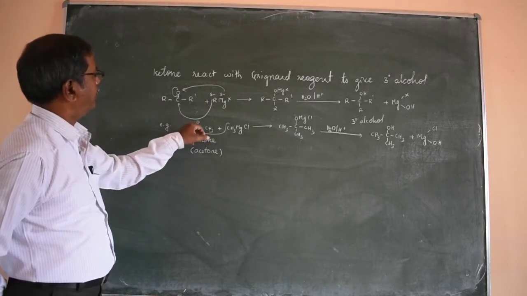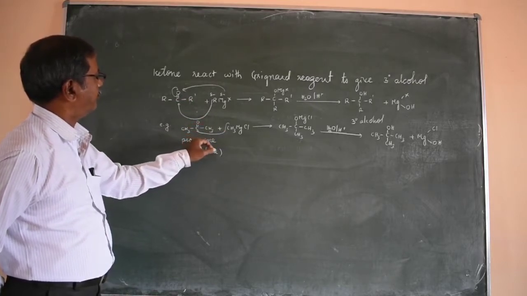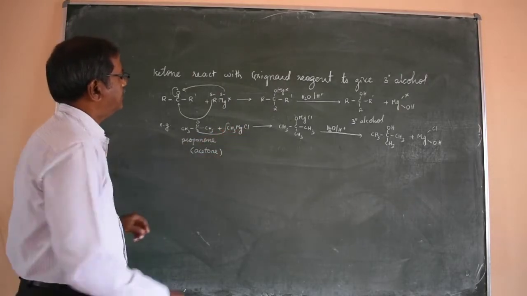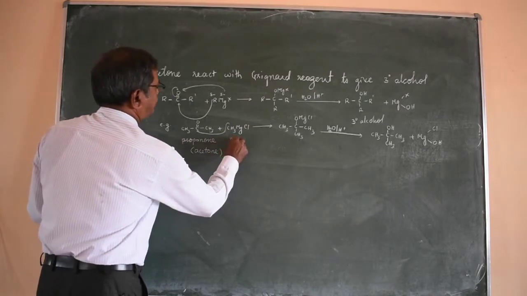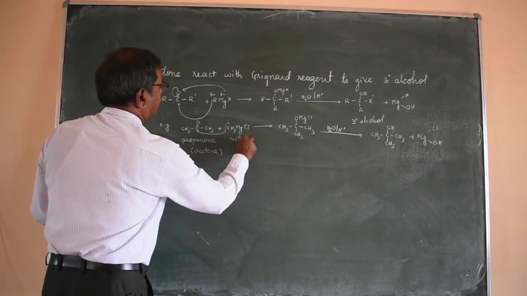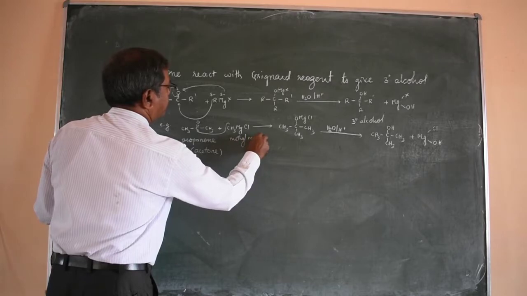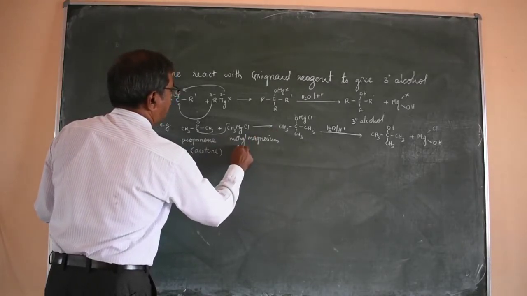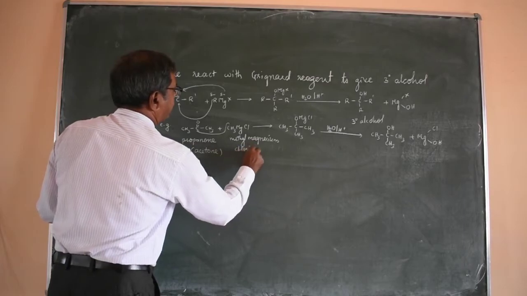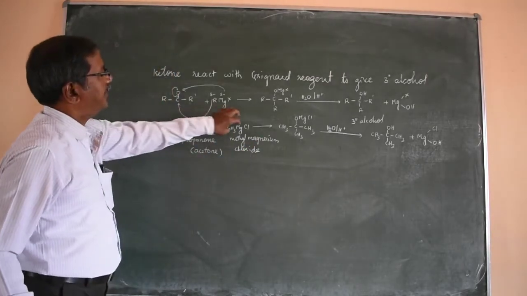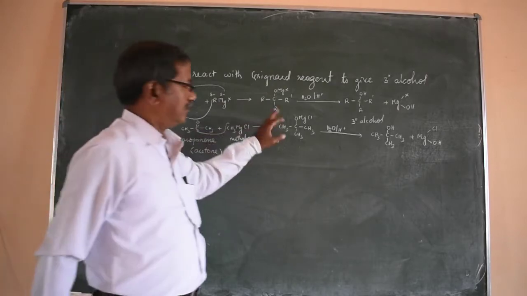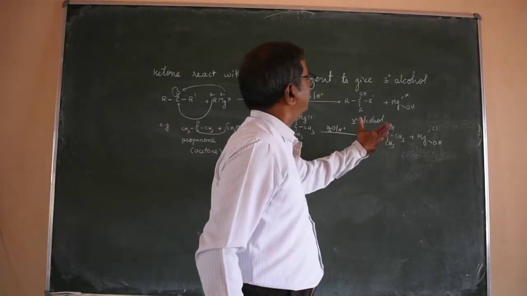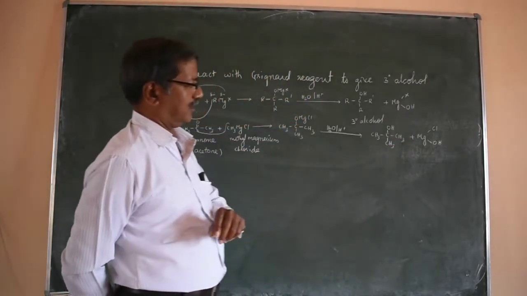The IUPAC name is propanone. Totally 3 carbons, so it's propanone, plus methyl magnesium chloride, a Grignard reagent. Addition reaction takes place. So the addition product then undergoes hydrolysis to give the tertiary alcohol or 3 degree alcohol.